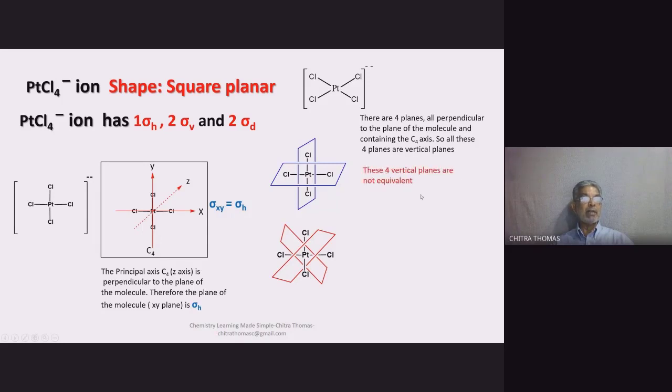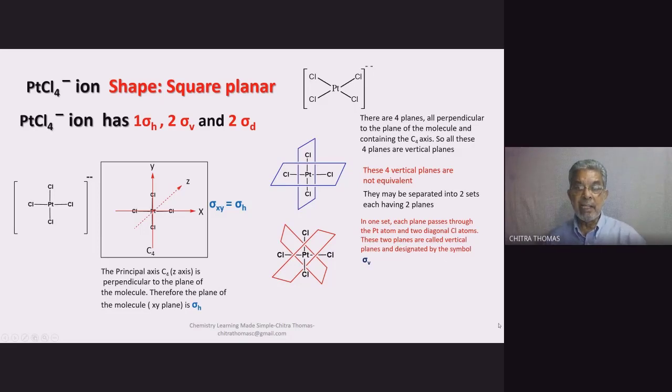These four vertical planes are not equivalent. They may be separated in two sets, each having two planes. In one set, each plane passes through the platinum atom and two diagonal chlorine atoms. They are the sigma v.